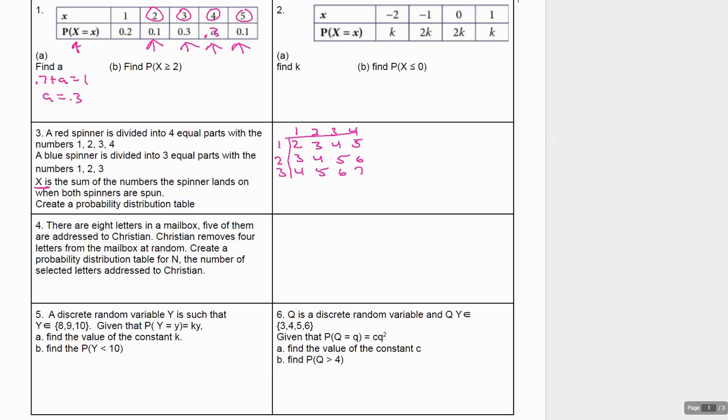So what happens is that we're going to make a probability distribution table. The top row are the things they could be, and again, it's a small x, so it's possible to have a 2, a 3, a 4, a 5, a 6, and a 7.